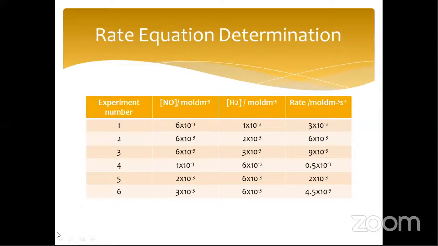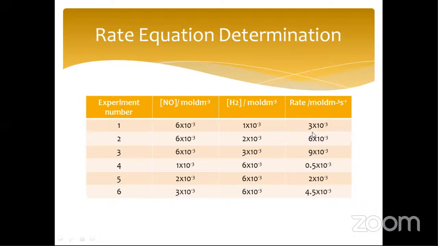All right, so now we are going to divide, just like we did for nitrogen oxide. We are going to divide 2 times 10 to the minus 3, experiment number 2, by 1 times 10 to the minus 3, which is experiment number 1. And that should be equal to 2. So our factor should be 2. Then we're going to take the rate.